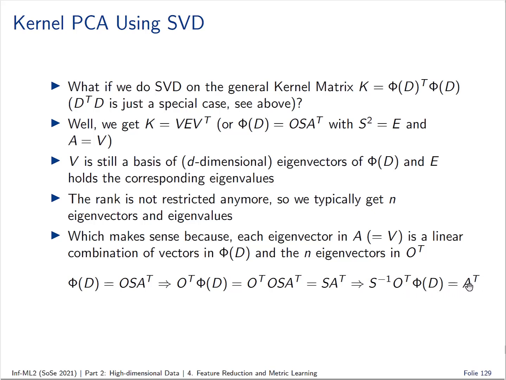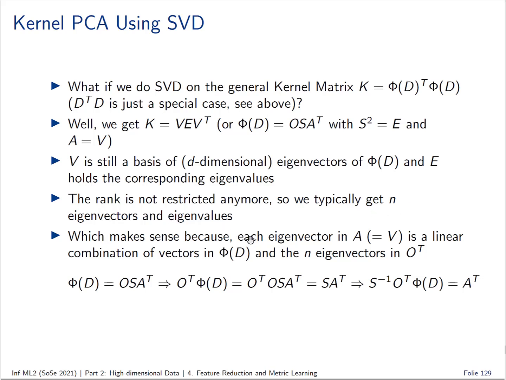So each eigenvector in A is a linear combination of the vectors in the mapping space times some scalar, which are the singular values in that case. That is the relationship, and that also makes it clear that we have n eigenvectors and eigenvalues instead of just d.